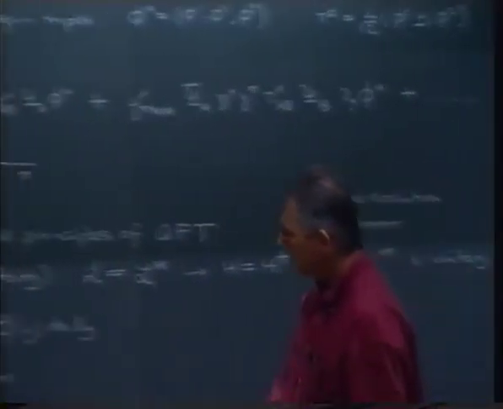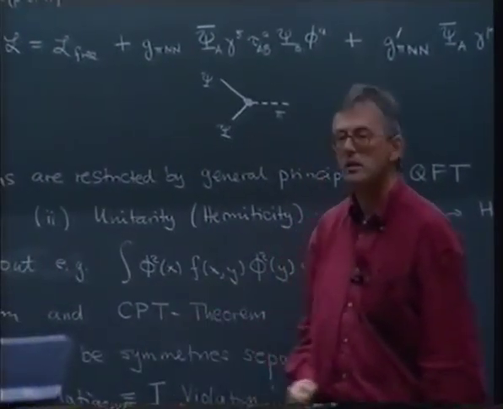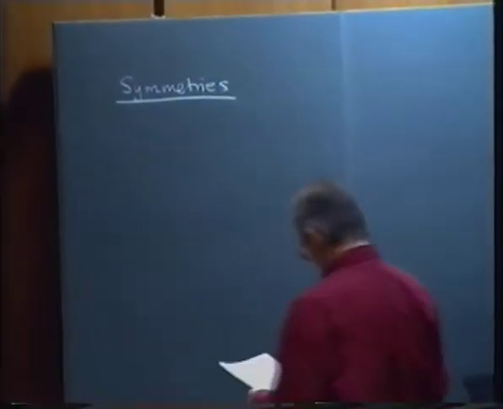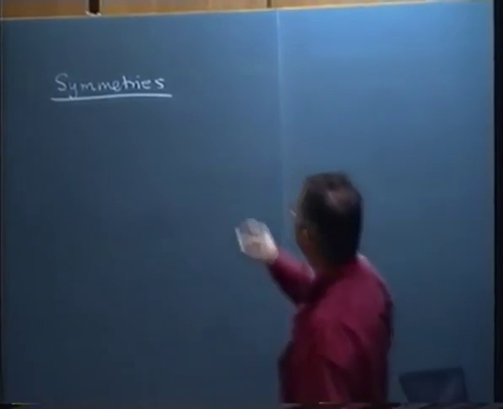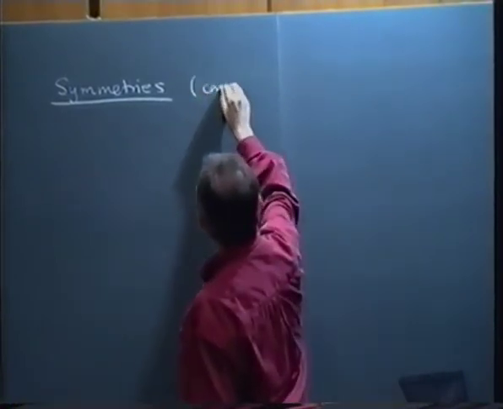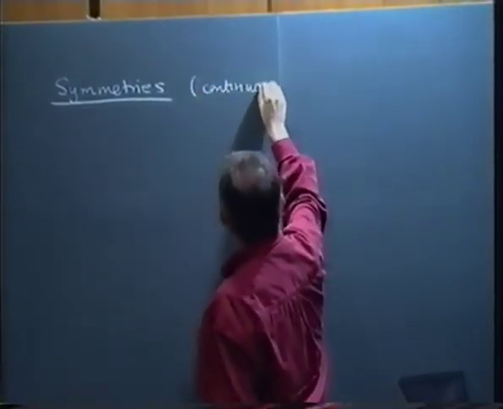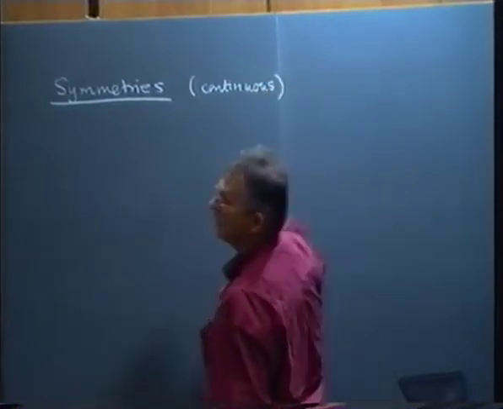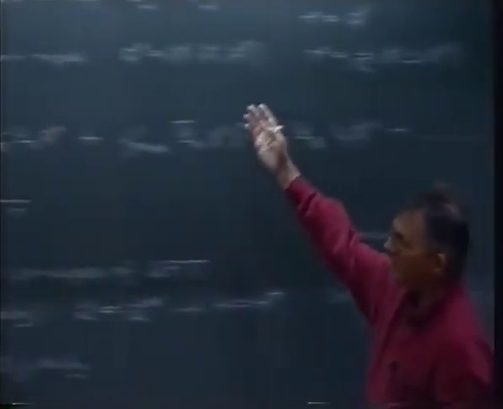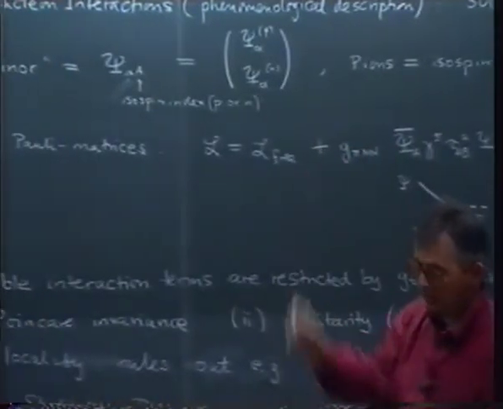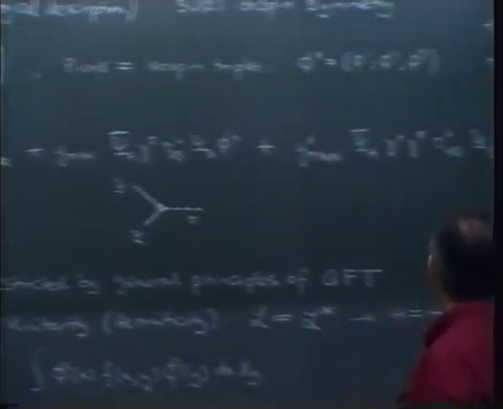Then we also have these discrete symmetries. But on top of this, we now have further symmetries, meaning continuous symmetries, not discrete, of the same type as, or generalizing, the isospin invariance in this pion-nucleon system.